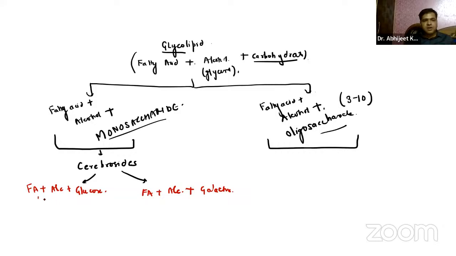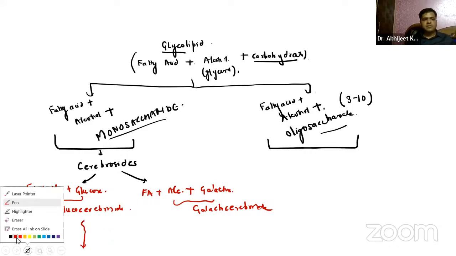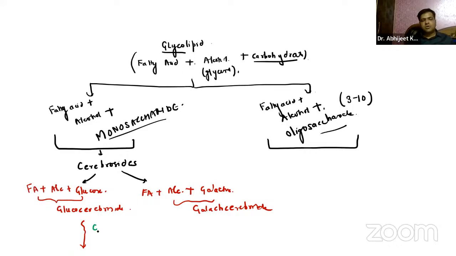So this is called glucocerebroside, and this is called galactocerebroside. Now, the enzyme over here is called glucocerebrosidase, and this will help in the metabolism of this particular lipid.